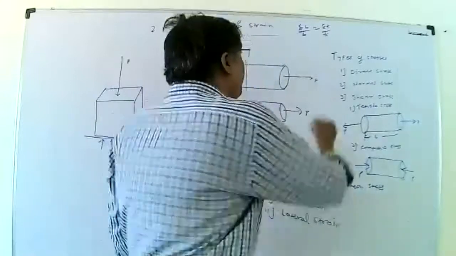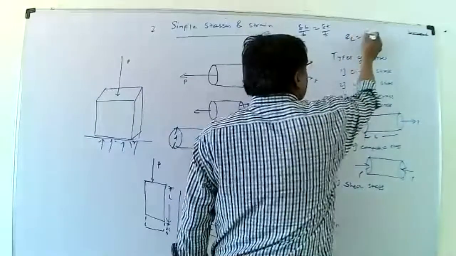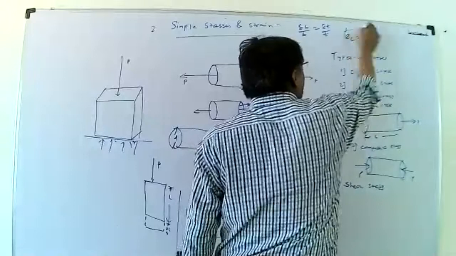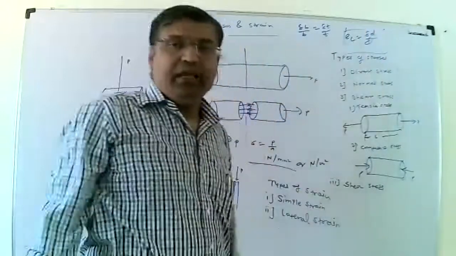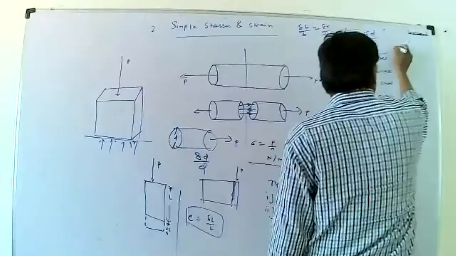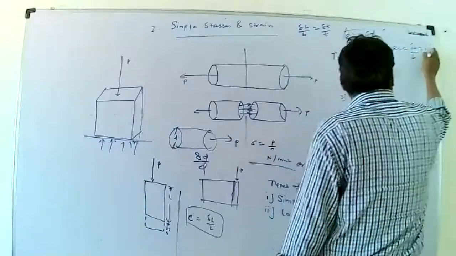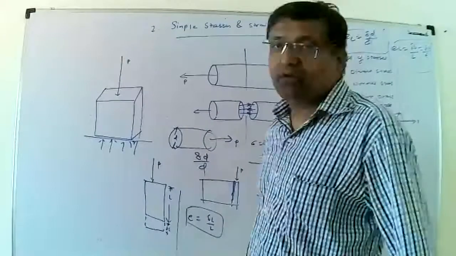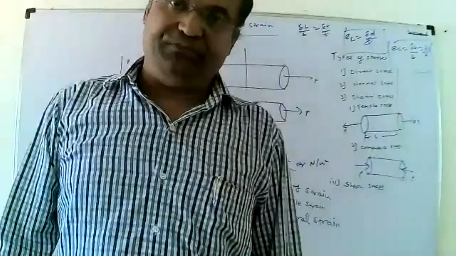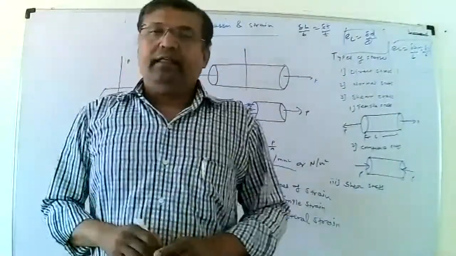It is represented by EL, that is equal to delta D upon D for a circular section, and for the cube section delta B upon B, that is equal to delta T upon T.